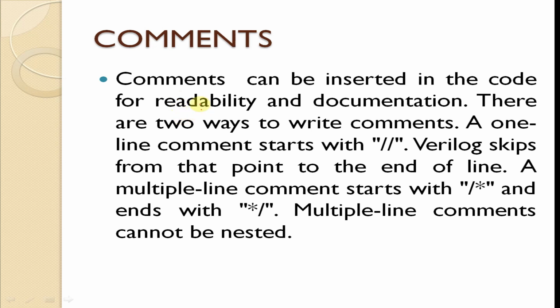In Verilog, comments can be inserted in the code for readability and documentation. There are two ways to write comments. Like in C language, we have comments; similarly in Verilog also we have comments. There are basically two types of comments in Verilog. This is one type of comment, and this is another type of comment.